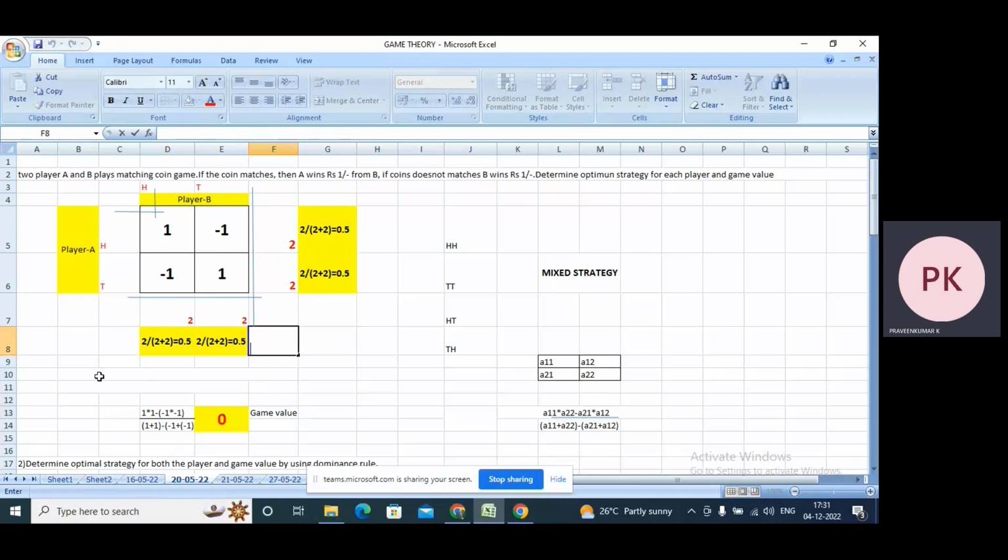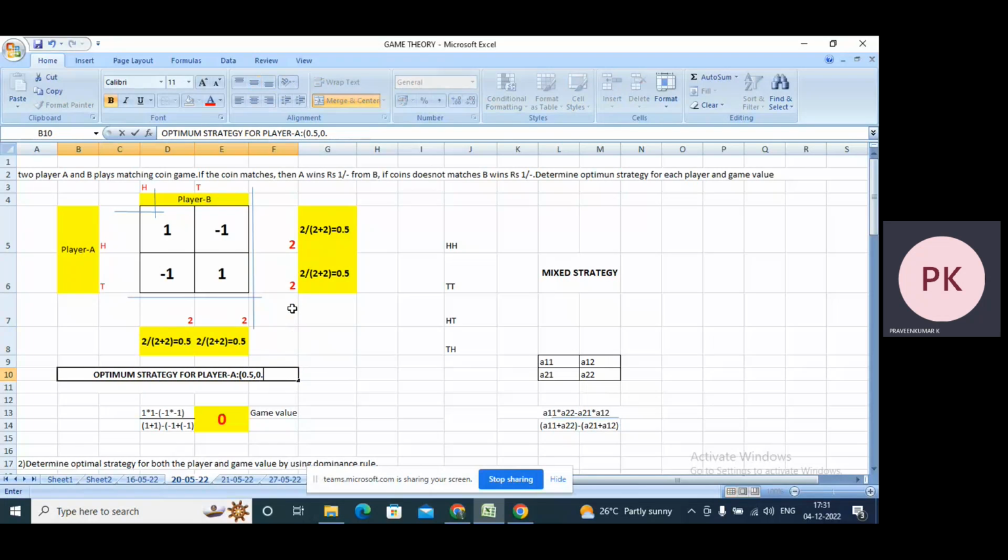So now write down the optimum strategy in a statement. Optimum strategy for player A, row wise, is 0.5, 0.5.